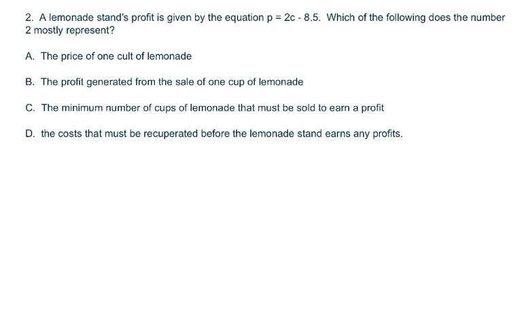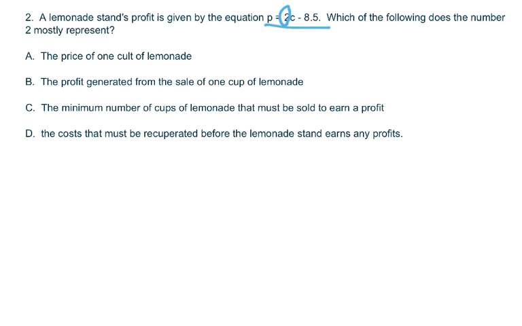All right. The next one, we have something where you have to determine, we have an equation. I could care less whether it's a lemonade stand or whatever. They just want to know what 2 stands for. So basically, this is the slope. So 2 equals your slope.